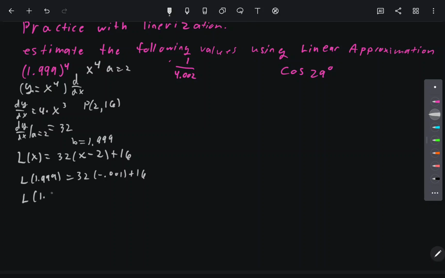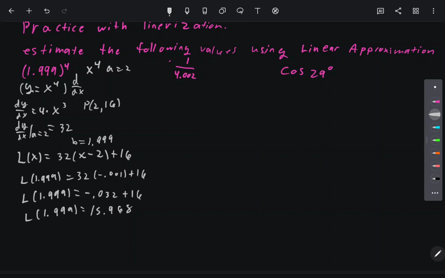So finally we get this answer of negative 0.32 plus 16, which is going to give us an answer of 15.968, if I did my math right. That looks right. Alright.